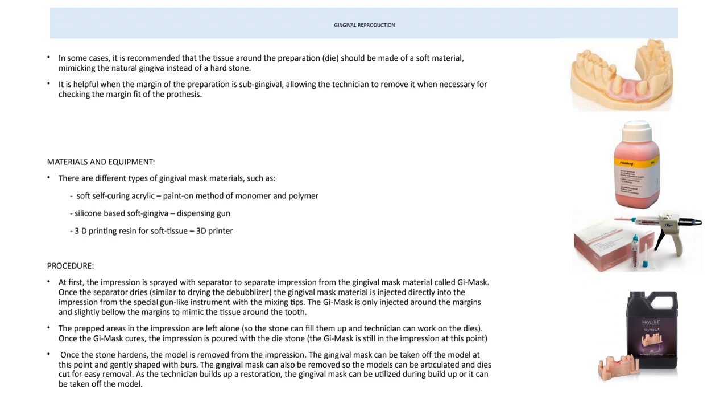It's a silicone-based material. It could be either silicone-based, or it can be now 3D printed material, or it can be acrylic, and it's used as a paint-on method. So, materials and equipment: there are different types of gingival mask materials, such as self-curing acrylic paint-on method that has monomer and polymer, silicone-based soft gingiva that comes through a dispensing gun, and 3D printing resin for soft tissue.